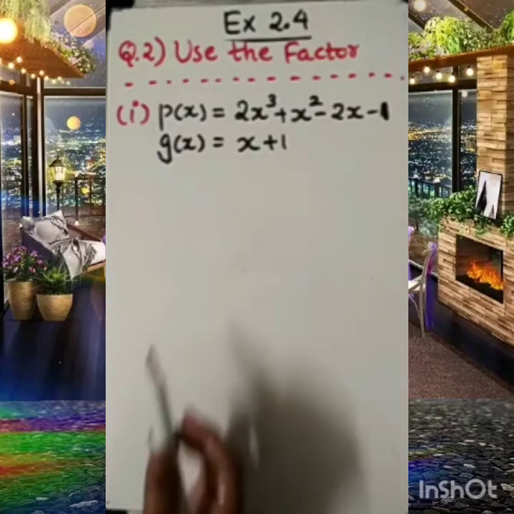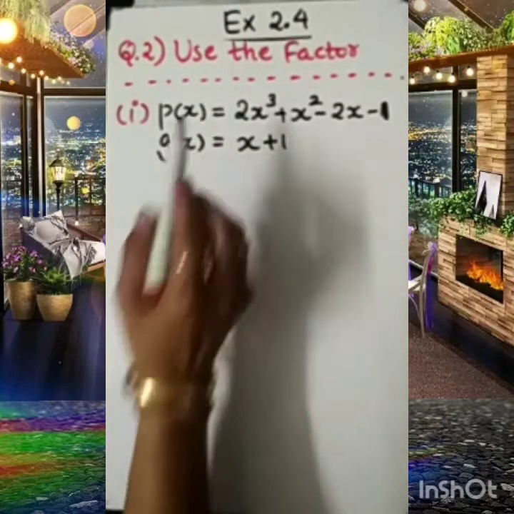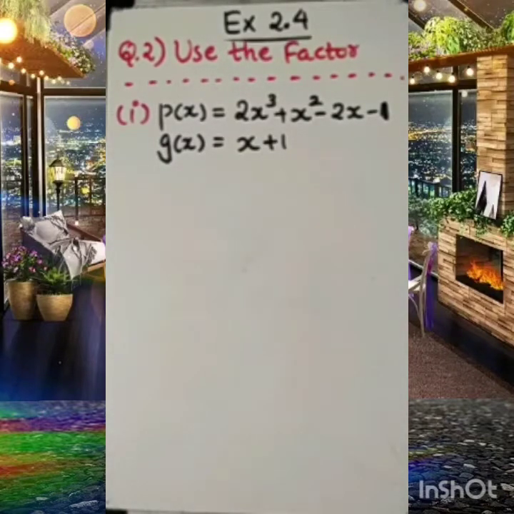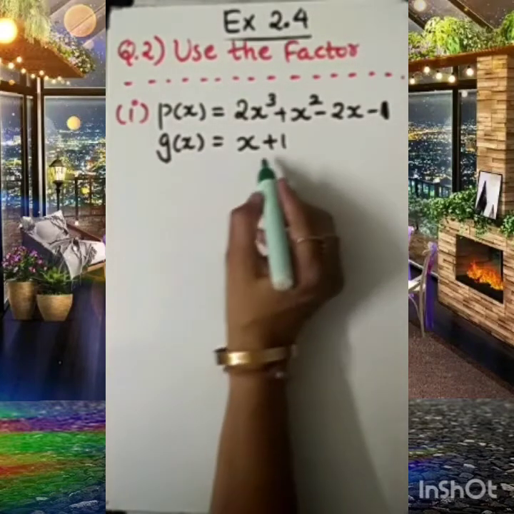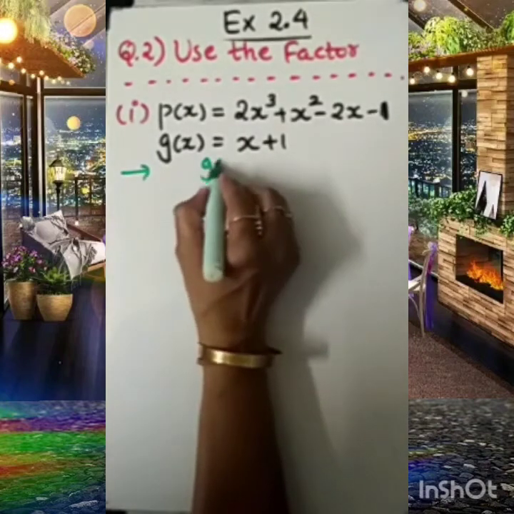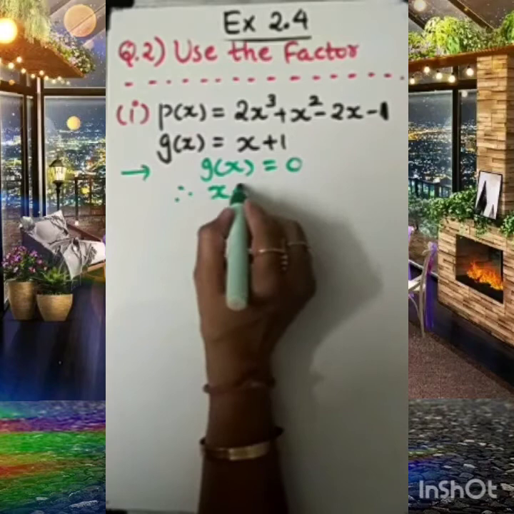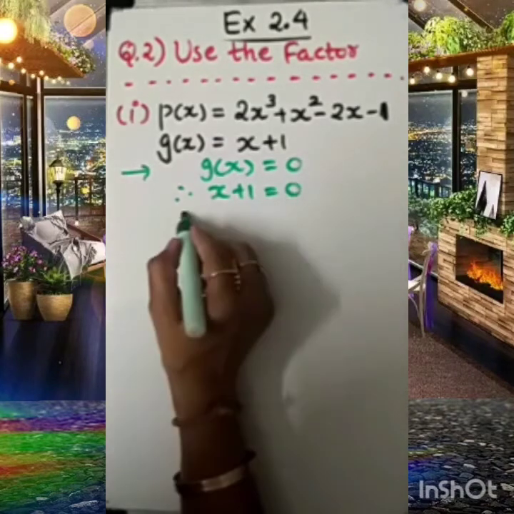We have to check whether gx is a factor of px by the factor theorem, with a similar procedure as we did in question 1. So what do we have to do in that? Let's begin with this. We need to start with gx equal to 0. Therefore, x plus 1 equal to 0.